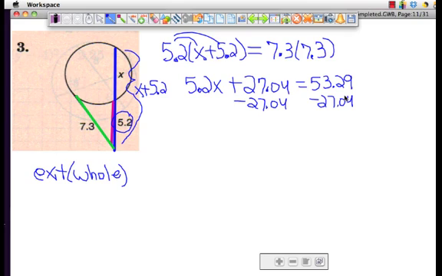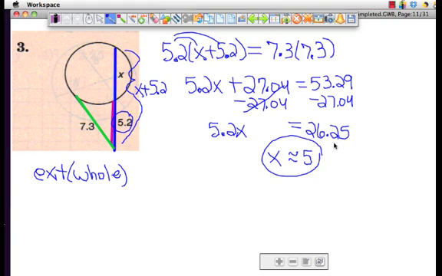Minus 27.04, and we have 26.25. You can double check the calculations for me, please. And then divide by 5.2. You get about 5. So that's all you do, exterior piece times the whole piece.